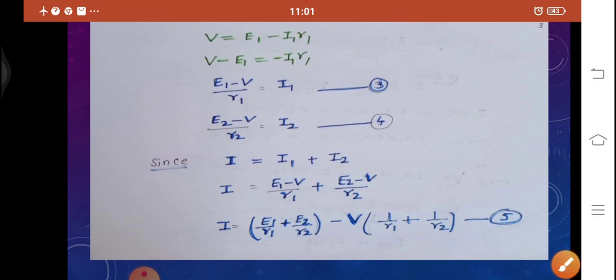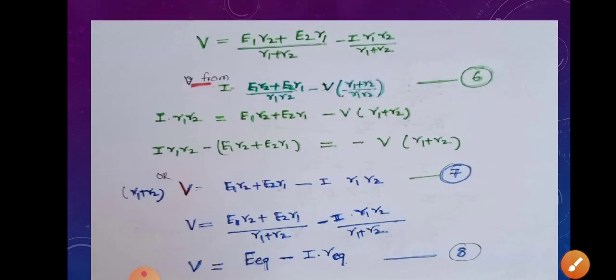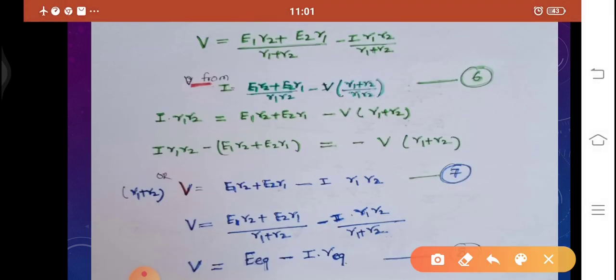You can take the LCM here. When we take the LCM, I equals E1R2 plus E2R1 upon R1R2 minus V times R1 plus R2 upon R1R2.